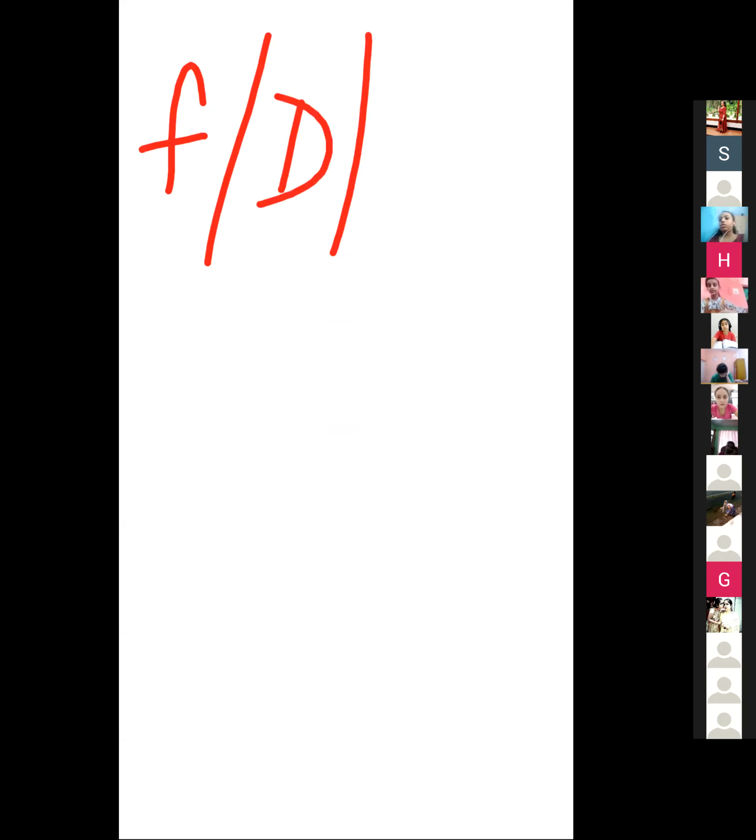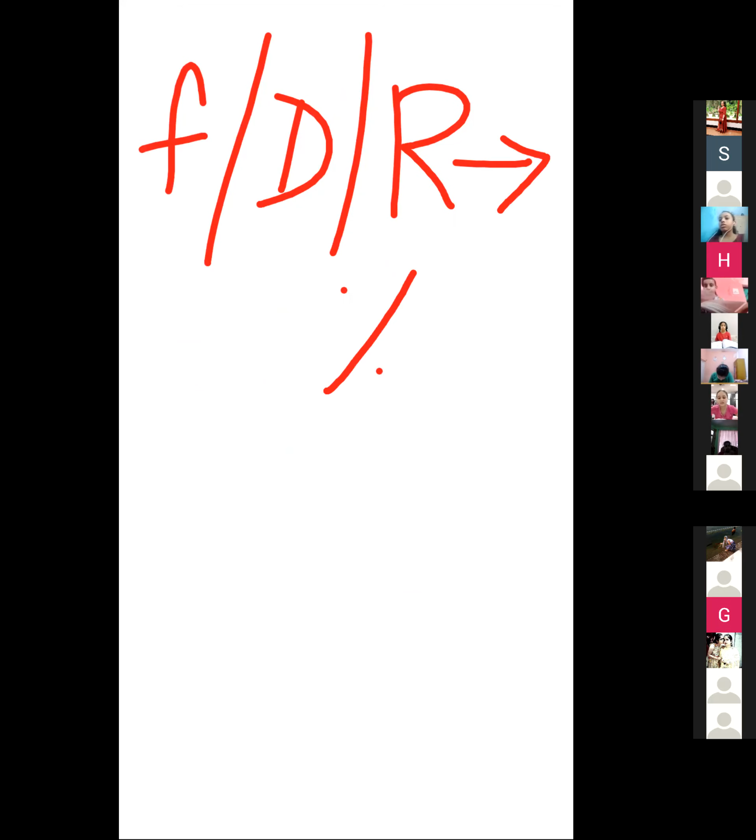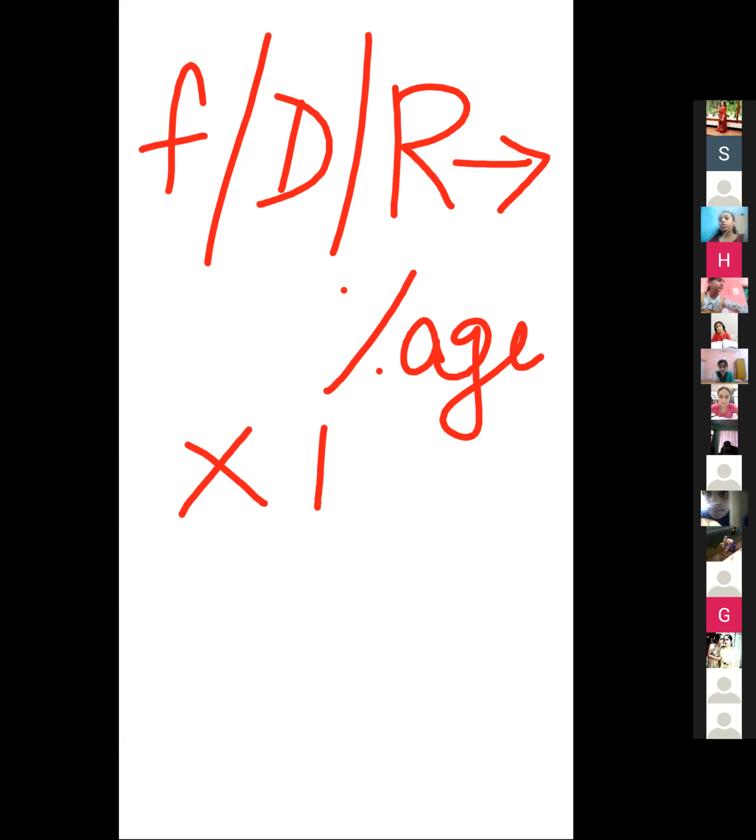So all of you understood how we changed fractions, decimals and ratio into percentage. So हमने क्या किया? We have multiplied with 100.